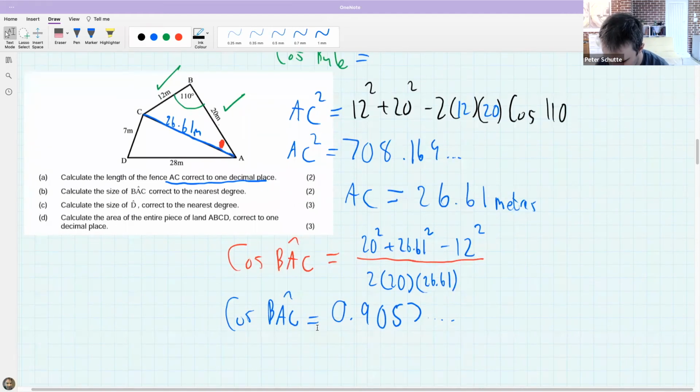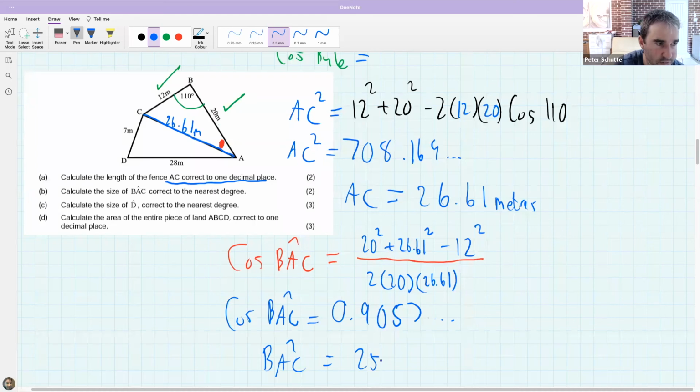But if I then go shift cos whatever the answer was, I should be getting an angle of basically 25.1 degrees. And so that would be this red one over here. 25.1 degrees. All right, so we've got that one over there.